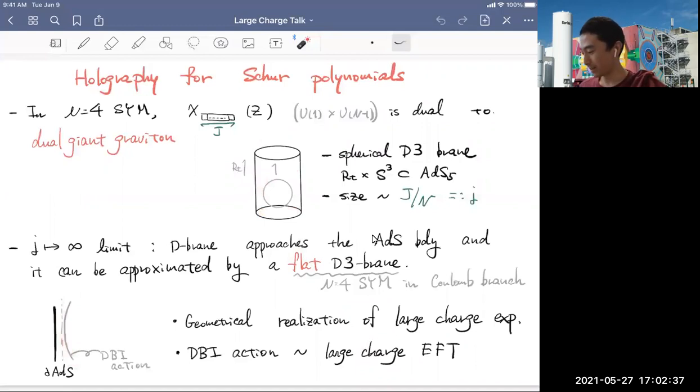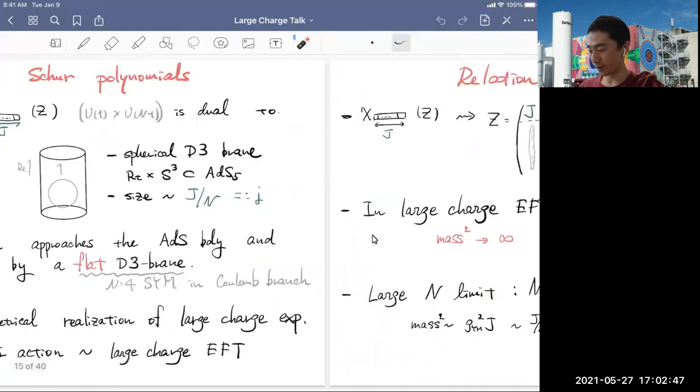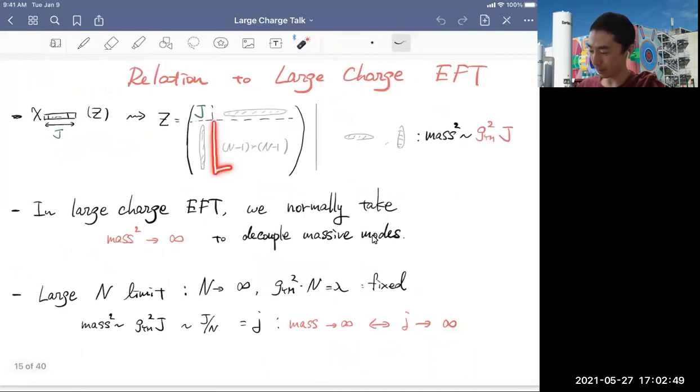So this means that you start seeing some light modes, which were not captured in the large charge EFT. Okay, and what are those light modes? Those light modes are basically these modes, because these are all light. Although the interaction between this one and this one is mediated by the heavy ones, there are still a bunch of light ones.